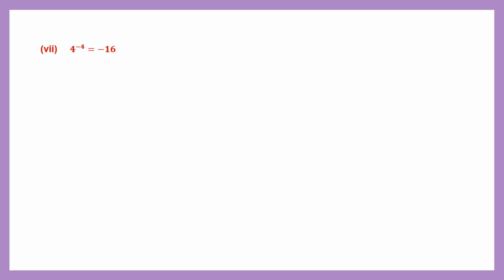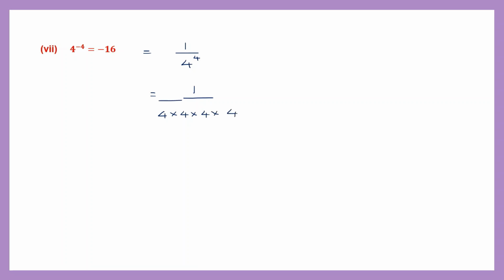Question 7. Here we have 4 raised to the power of minus 4 is equal to minus 16. So let's work out the left hand side. 4 raised to the power of minus 4 can be written as 1 by 4 to the power of 4. So the power has now become positive. So this is 1 by 4 to the power of 4, which means you multiply 4 four times. 4 into 4 into 4 into 4.